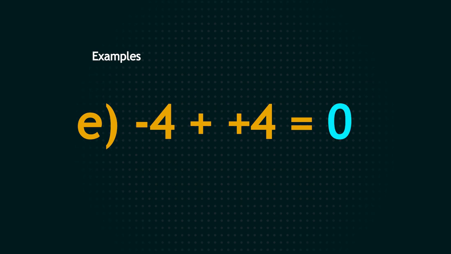So when you get negative 4 plus positive 4, the result is 0. Wow, this is showing me something: when you are adding integers which are the same but have different signs, the answer is 0. It means that you have made 4 steps on the negative side, and again you have made the same steps coming back. That means you stop where you started from.